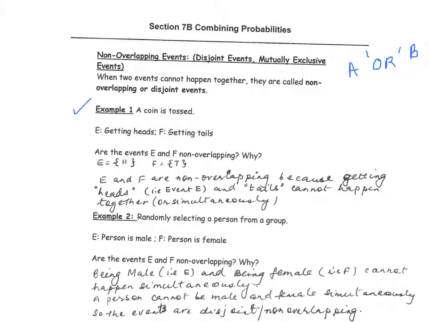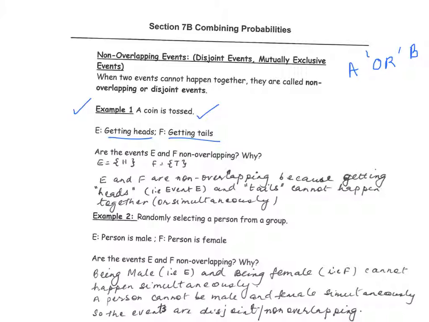Now, suppose we toss a coin and consider two events: getting heads and getting tails. The event E is getting heads, the event F is getting tails. Are the events E and F non-overlapping? So the question we need to ask ourselves is, can the two events, getting heads and getting tails, happen at the same time?